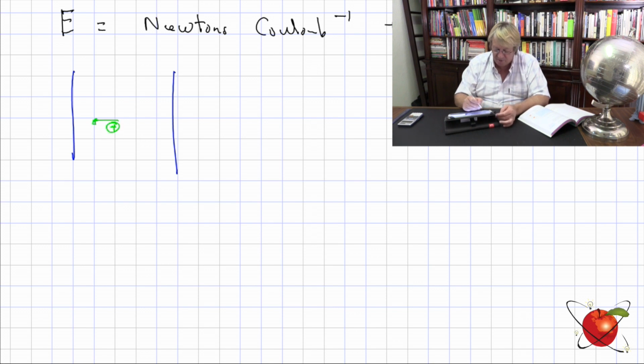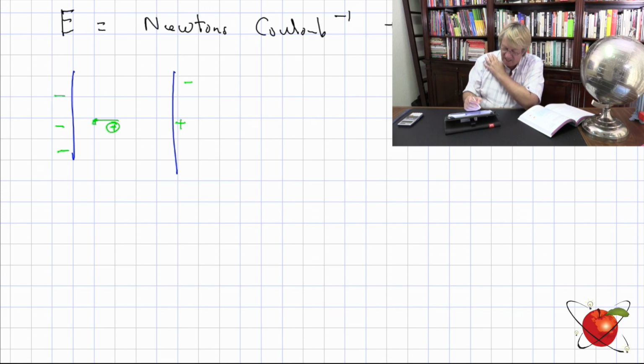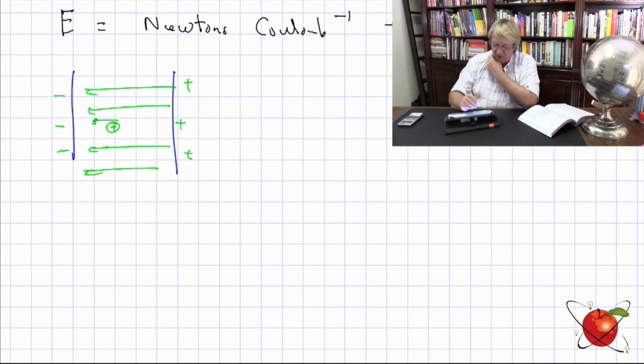Positive is being moved that way, which means this side must be positive, and this side must be negative. It's being pulled that way. Note in this case that it's got a push and a pull. So that's my negative plate, and therefore I can draw my lines of electric field, which is the direction indicated by the way a positive charge would move.